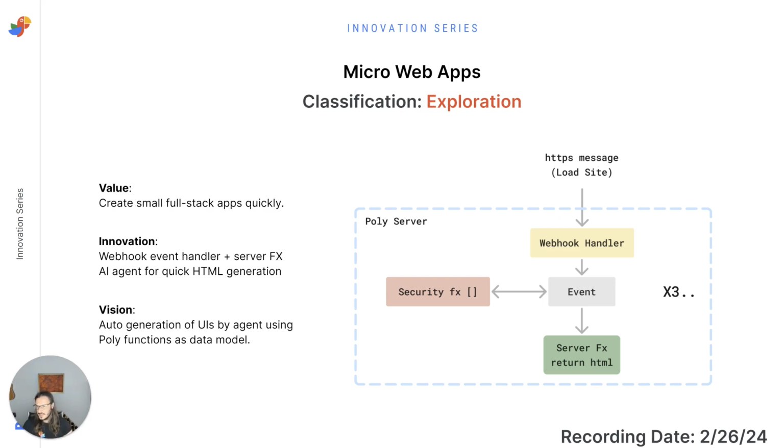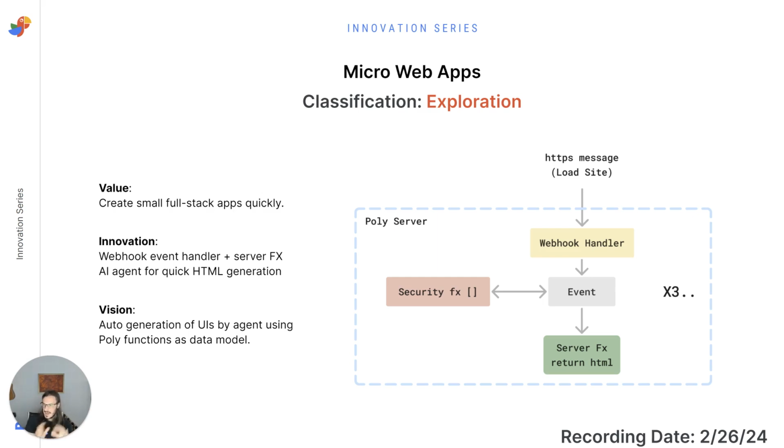Like I mentioned, the vision here is that we could have UIs that are potentially auto-generated by AI using the poly functions. Imagine you select the function and you say, give me a UI for this function, and maybe you add an additional prompt, and the AI's job would be to generate the HTML that would render to serve that purpose.